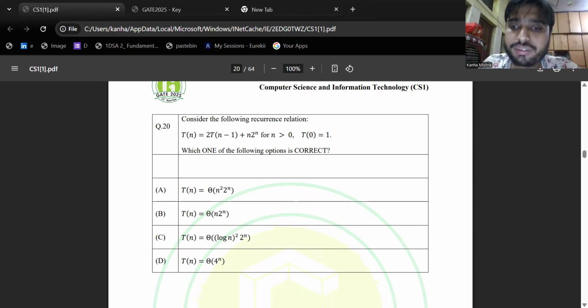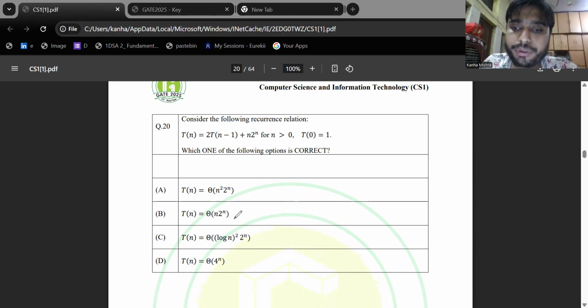Option B looks like n into 2 to the power n, log n square and 4 to the power n. So you can eliminate option D and option C, and the only things you need to worry about are option B and A. The answer is one of them.